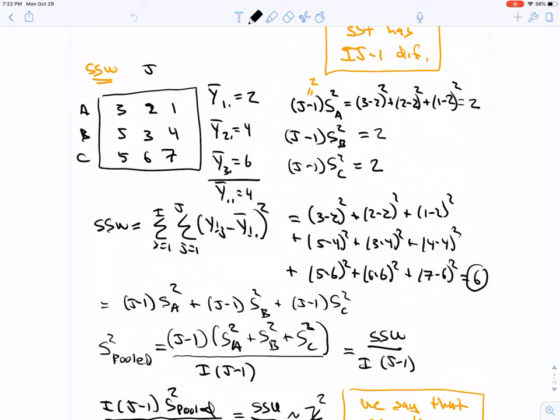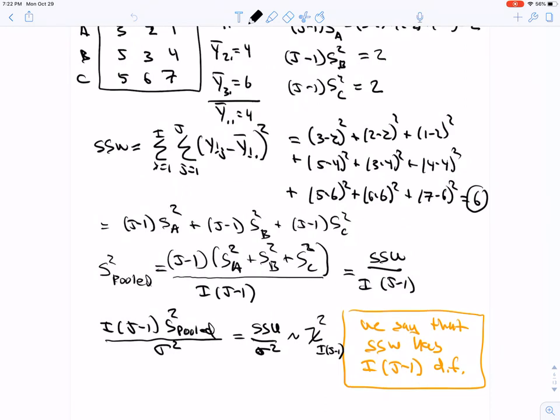And so the sum of squares within is just the sum of J minus 1 times the sample variance for A, plus J minus 1 times the sample variance for B, plus J minus 1 times the sample variance for C.